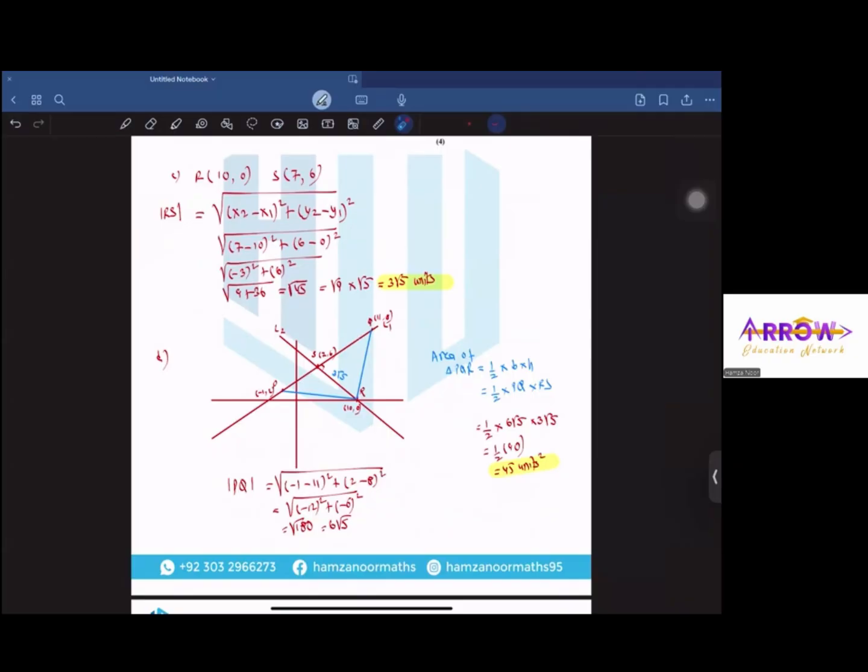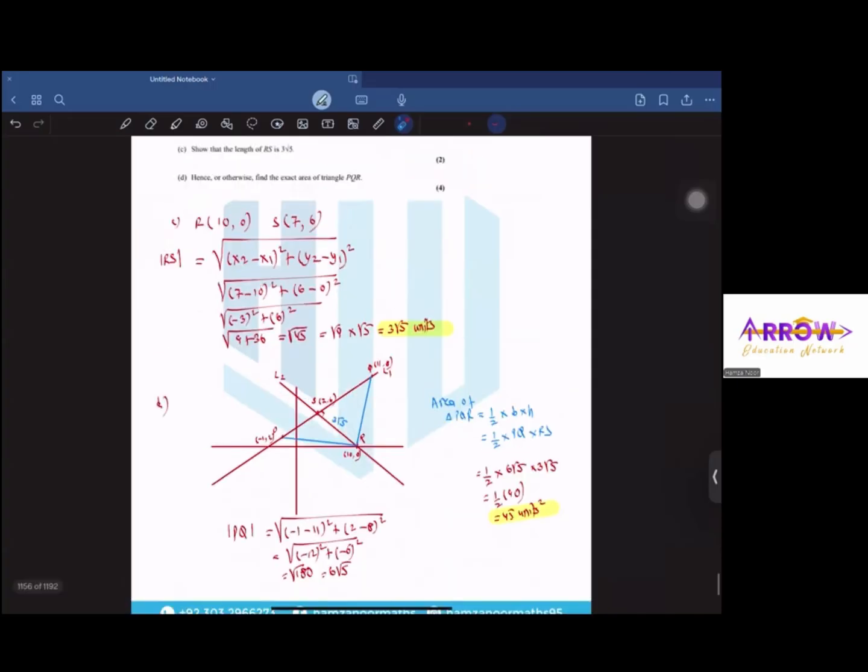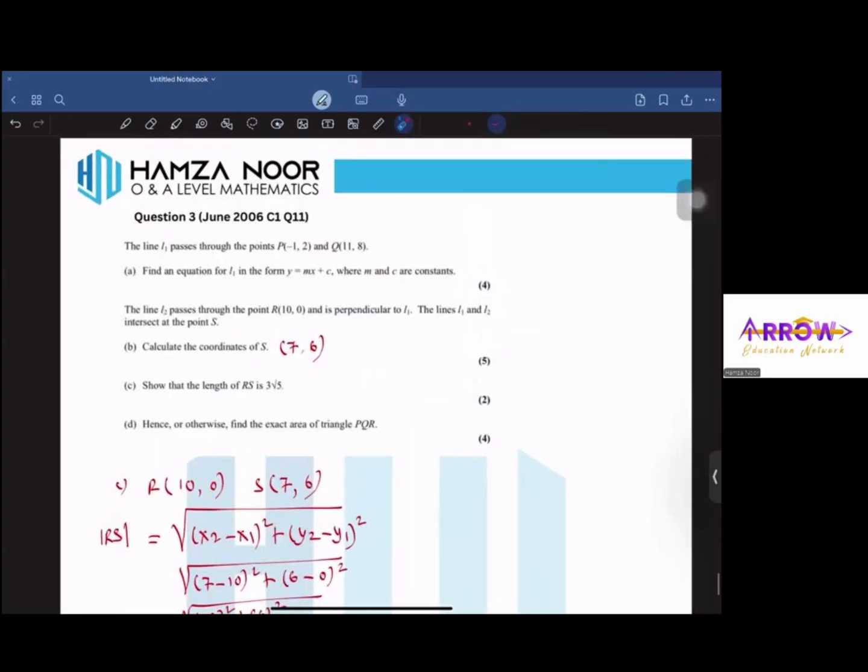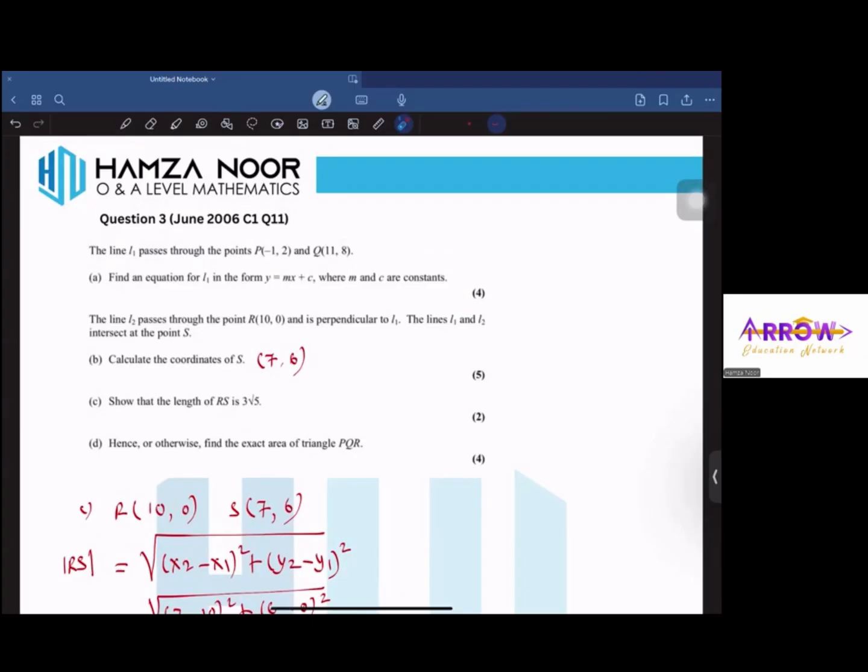Just make sure of small things, such as the x coordinate of point R being less than the x coordinate of Q. So accordingly, I made a sketch over here. So this was basically question number 3 of the handout, which is June 2006, question number 11 of C1. So now let's move on to the next questions.